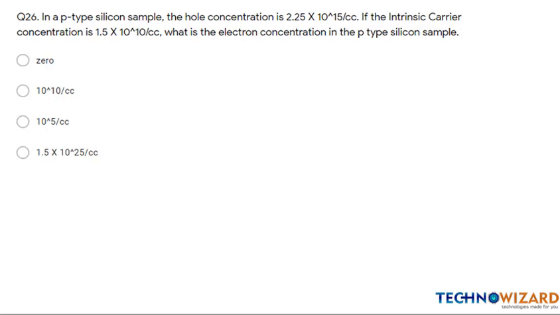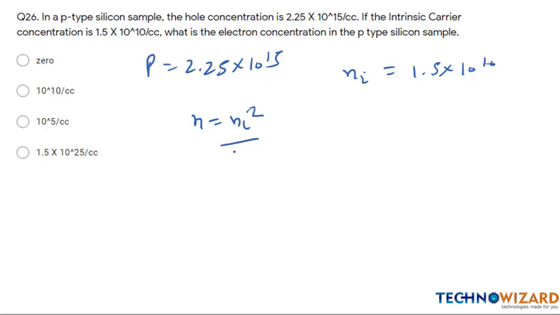Now next question, the hole concentration, that is p, is given as 2.25 into 10 to the power 15, and the intrinsic concentration, that is Ni, is equal to 1.5 into 10 to the power 10. Now we know that n is equal to Ni square upon p, because by mass action law we have studied that np is equal to Ni square.